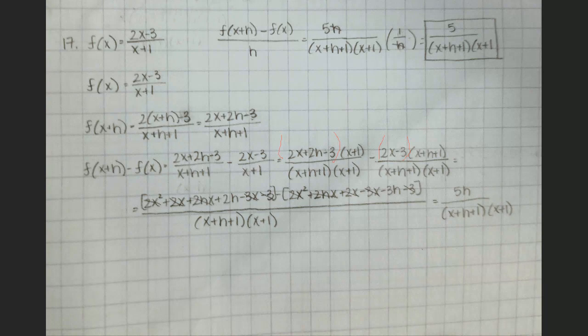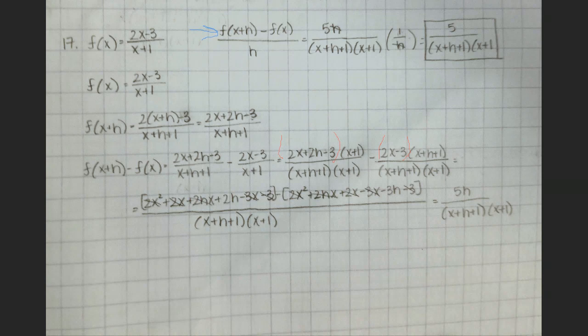So all you're left with is 2h plus 3h in the numerator, and the denominator stays the same. So you get 5h over x plus h plus 1 times x plus 1. And over here at the top is my final calculation of the difference quotient over h.